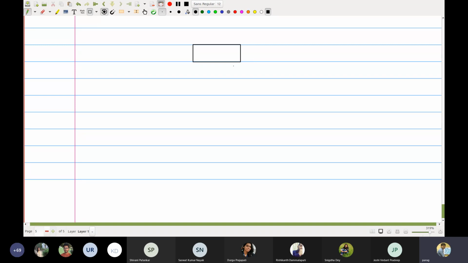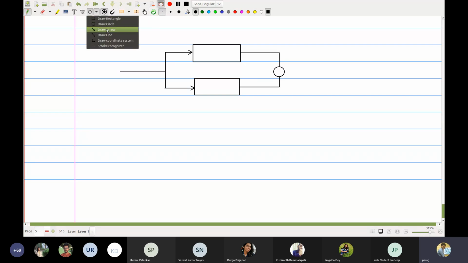You have a first component, then a second component, and the outlets from these individual components meet again at this junction, and then you get the output.